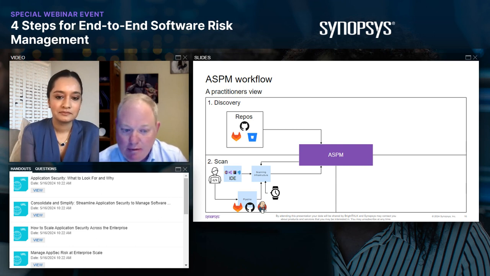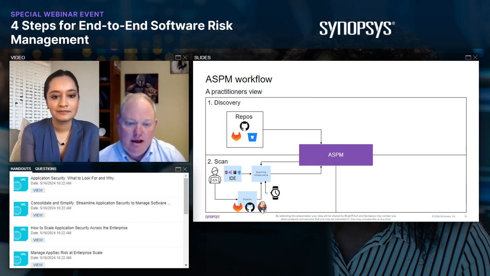So it could be when developers check in code. It could be during the pipeline build process. It could be on a schedule. It could be on demand. But determining what kind of testing, how it's going to get triggered, when it's going to get triggered, and feeding that into the ASPM solution.